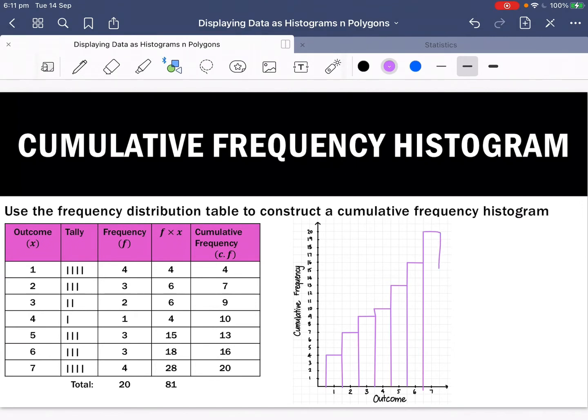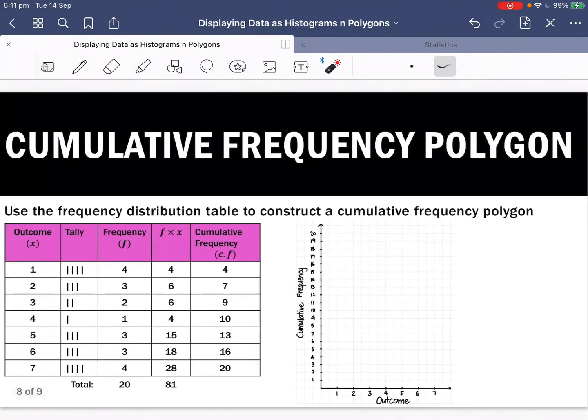So as you can see with our graph, once we draw it properly with nice straight lines, in our cumulative frequency histogram each column gets slightly bigger, and the distance it gets bigger by is the frequency. So we have a frequency of 4, 3, 2, 1, 3, 3, and 4. So it's getting bigger each time.